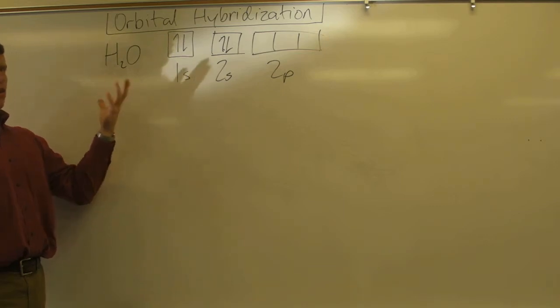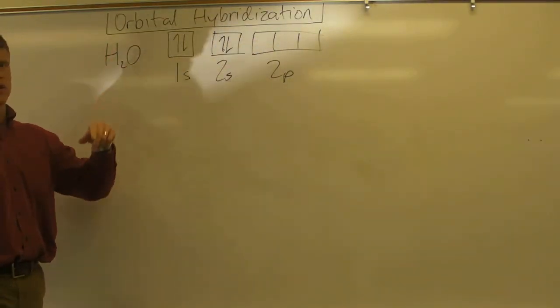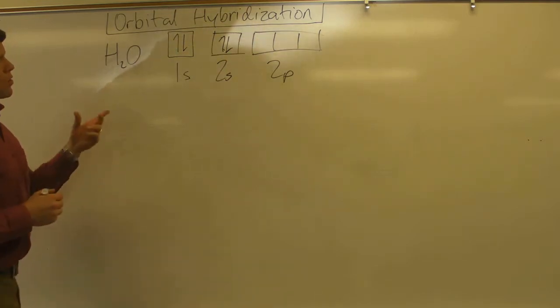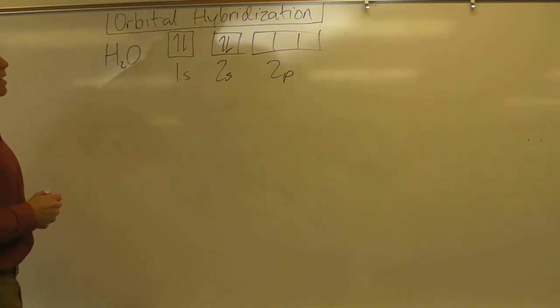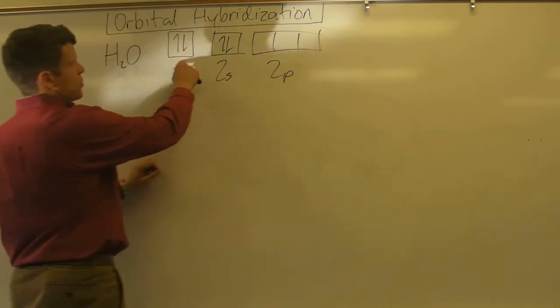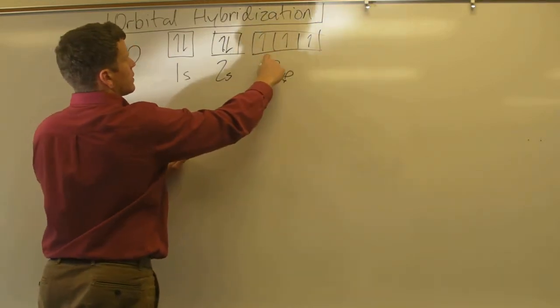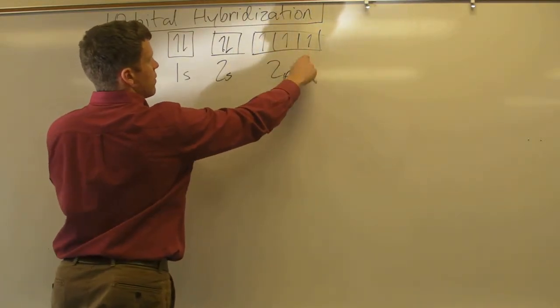So CH4 carbon, there's only one of those, it's the central atom. This time it'd be oxygen, there's only one of those, right? So oxygen is in group 6, 8 electrons. So 2, 4, 5, 6, 7, 8.